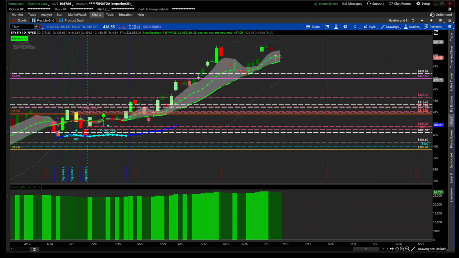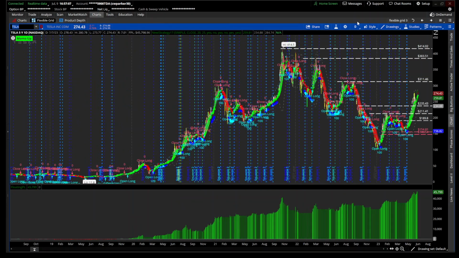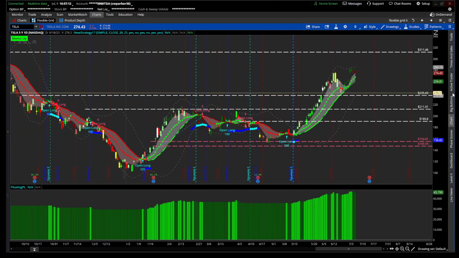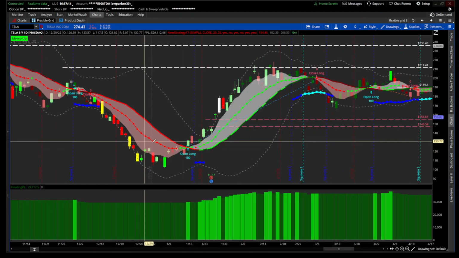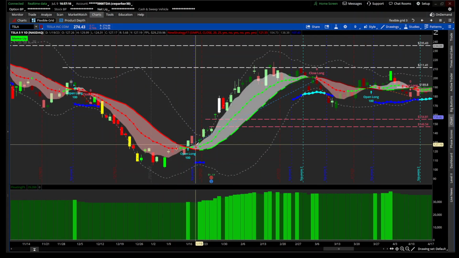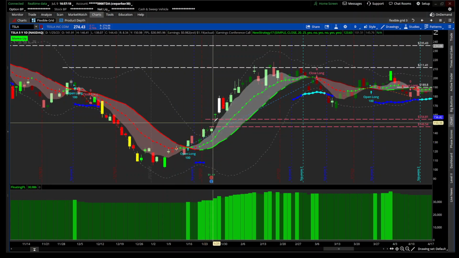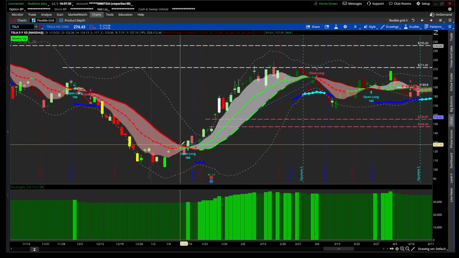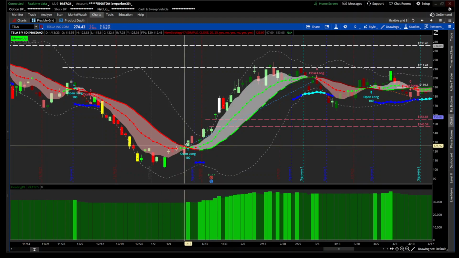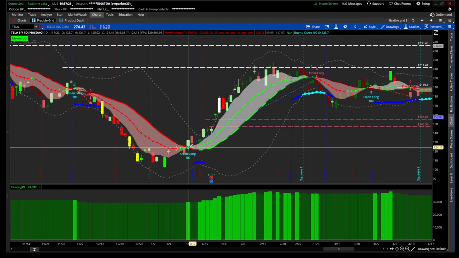So let's go to Tesla, and I think I still have this on a 5-year. So we wanted to look at it on a 5-year, and you can look at this as well. This is a very nice one right here, and it's on volume as well. You can see where price and volume were averaging down.